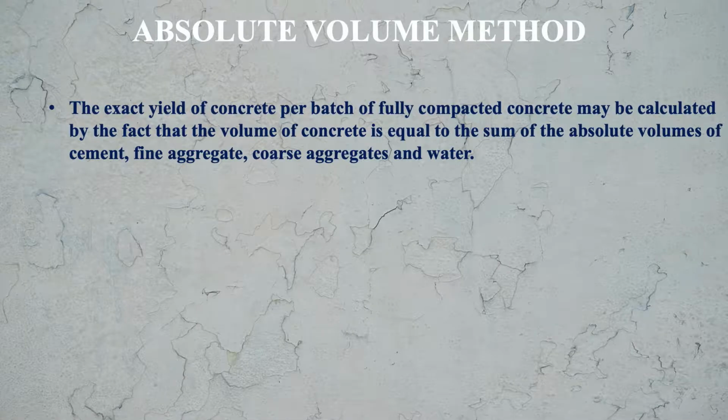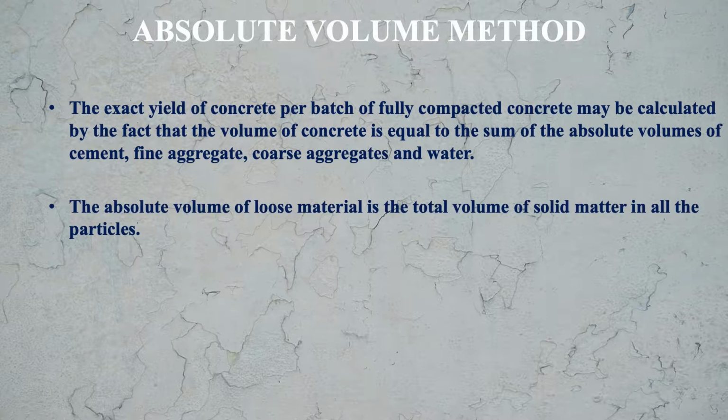Let us see first the absolute volume method. The exact yield of concrete per batch of fully compacted concrete may be calculated by the fact that the volume of concrete is equal to the sum of absolute volumes of cement, fine aggregate, coarse aggregate and water.